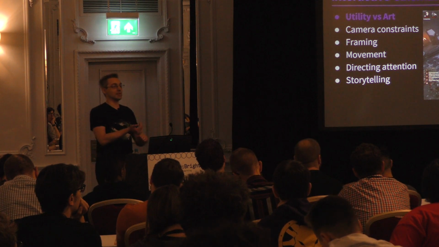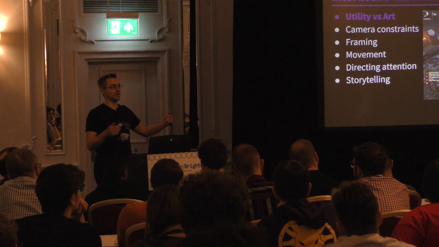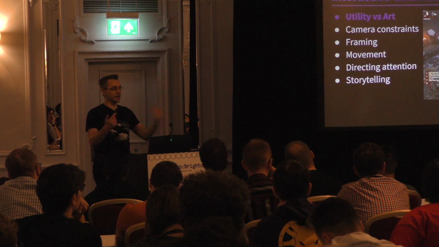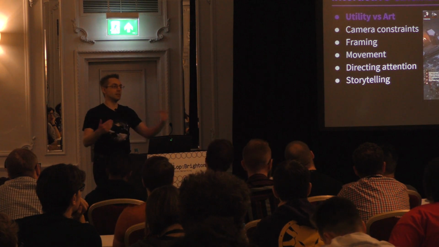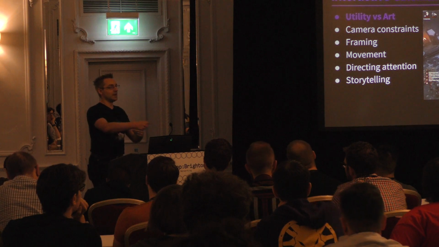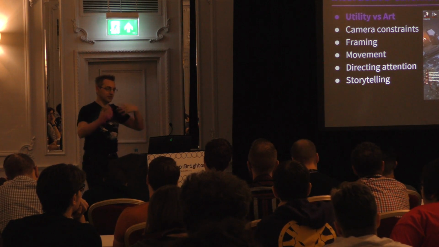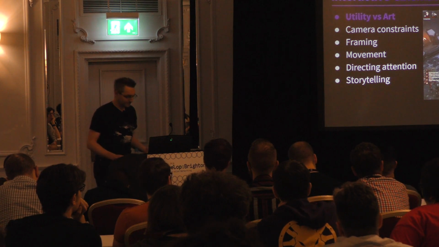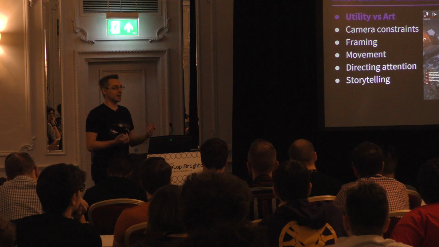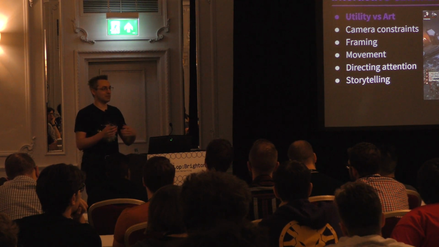In terms of remaining oriented, for example, another Hollywood trick is the idea of crossing the line. If you have two characters having a conversation, you imagine a line between them and you stay on one side of it, because if you cut from one side to the other, then on screen it looks like the characters have just swapped round. And that's visually confusing. So you try to avoid doing that. It can be done deliberately to create that effect of confusion.